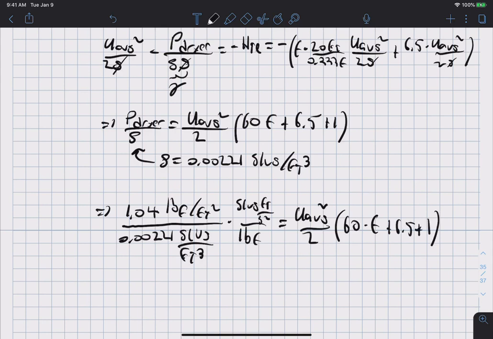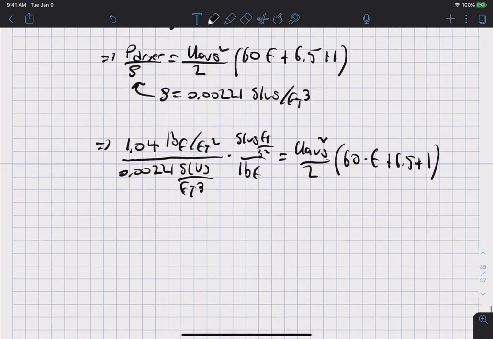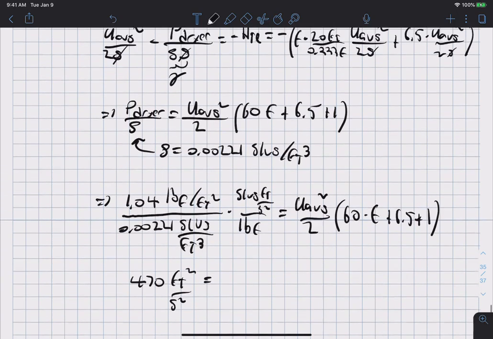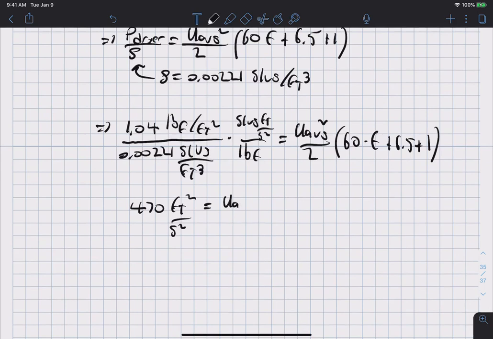Okay? And so we punch in the numbers for this, and we wind up with 470 feet squared per second squared equals, oops, sorry about that, U averaged squared over 2.